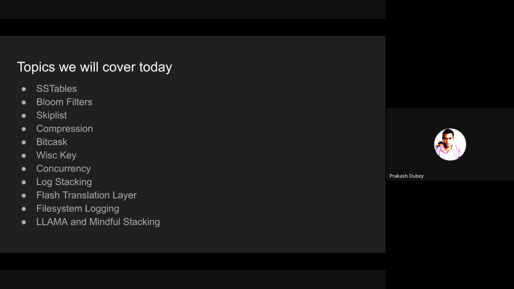Basically, log stacking is where we have a file system layer and then a database layer, and they can each have their own bookkeeping and manage in their own way. There are certain benefits and disadvantages if you don't use it properly. Then we'll move to the FTL, and how we can avoid the disadvantages of log stacking. And at the end we'll discuss the last topic, LLAMA and Mindful stacking.